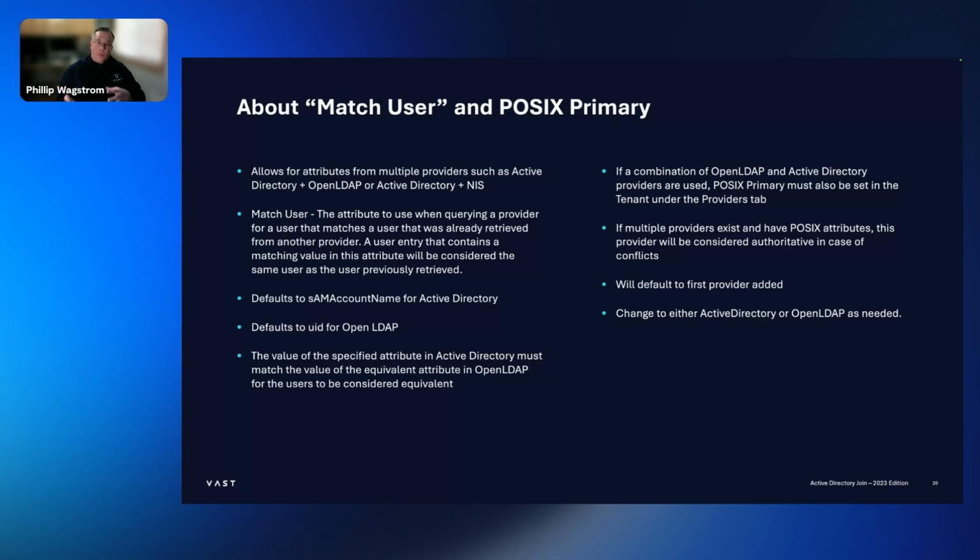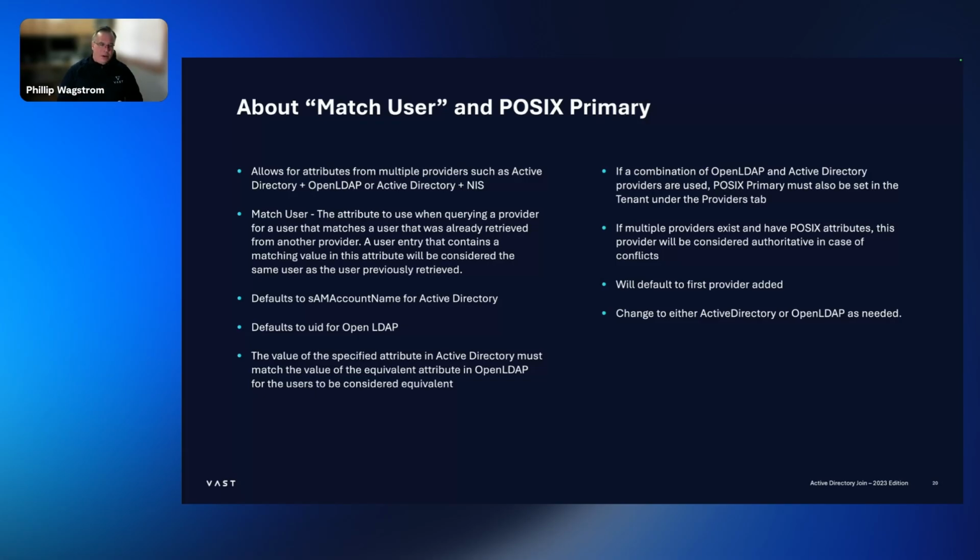I also have an OpenLDAP provider configured in this tenant, and I want to use that to get the Unix attributes. So I look at the OpenLDAP provider and ask, what's the match user variable here? That's UID. So I'm going to take the sAMAccountName value of PWAGs and use that to search for a UID in OpenLDAP that is PWAGs. And it says, this is my user ID number.